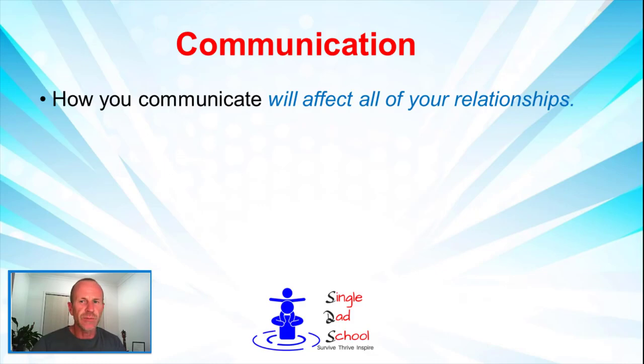But with relationships, slow is fast. Take the time. Understand them. Slow down. Listen to them. When they talk, listen. Empathetic listening, active listening. Don't pretend. Those are the two best listening styles you can do: empathetic and active listening. Active listening, repeating it back.